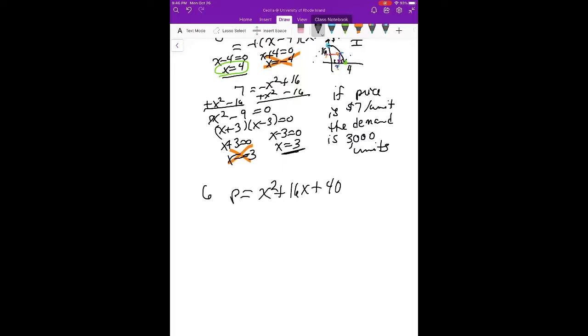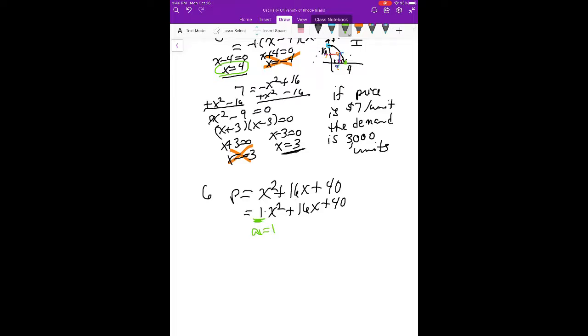All right, so once again, we are able to see on here that we have a 1 times x squared plus 16x plus 40. And it is this 1 that's positive, right? So 1 is positive. It's the coefficient in front of the x squared term.